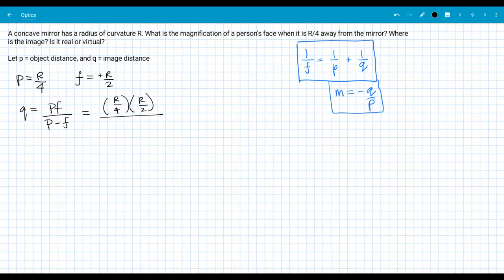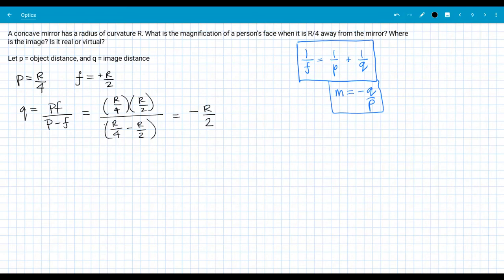Both of those are positive, over the quantity R over 4 minus R over 2. So that's our denominator there. So what does that give us? After a little bit of algebra there, we'll get negative R over 2. All the intermediate algebraic steps you can see in the written solutions, but you guys are good at algebra, so I'm not real worried about that.